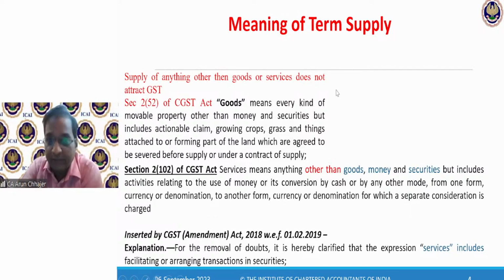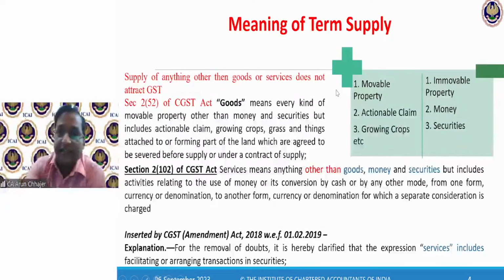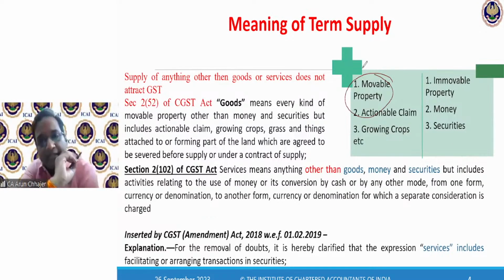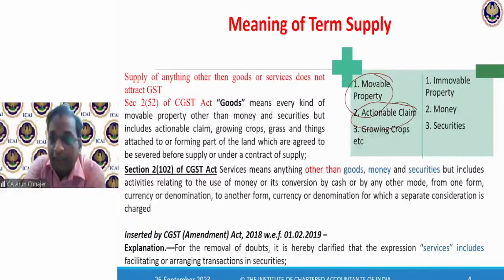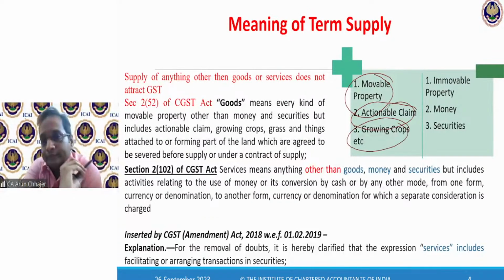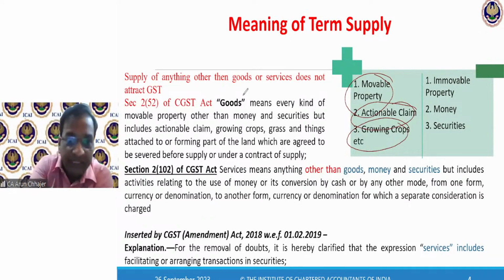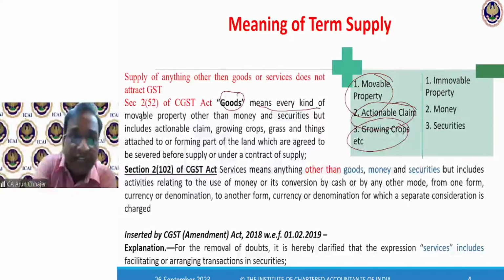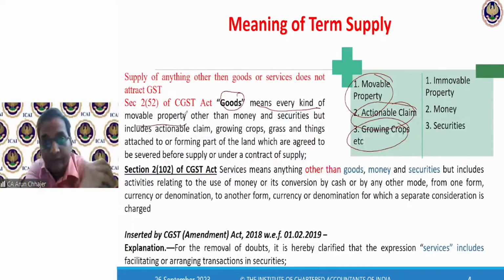The term goods has been defined in the GST. It says that every kind of movable property, actionable claim, and growing crop. What is the meaning of goods? Goods means every kind of movable property other than money and security.